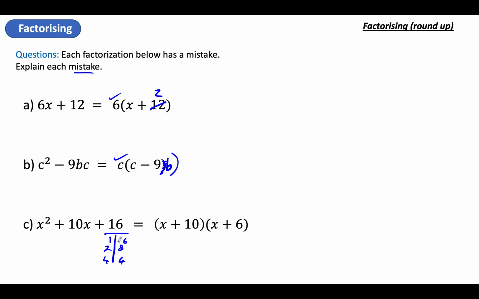And then the pair that adds together to make 10 is 2 and 8. This is just plain wrong. You should have a 2 and you should have an 8. Otherwise, when you expand it, you wouldn't get this expression, because 10 times 6 would give you 60, not 16. So should be a 2 and 8. Doesn't matter which way round, but should be 2 and 8.